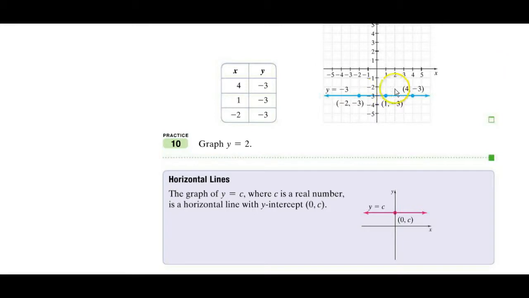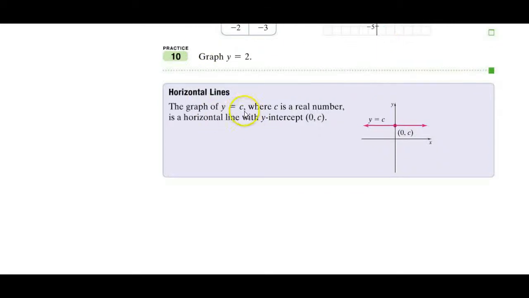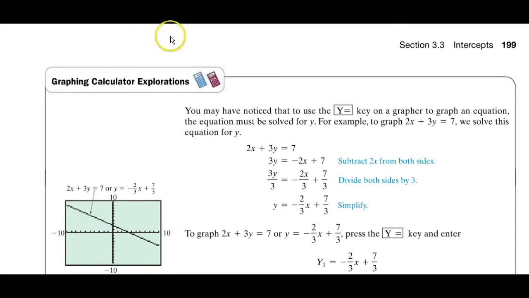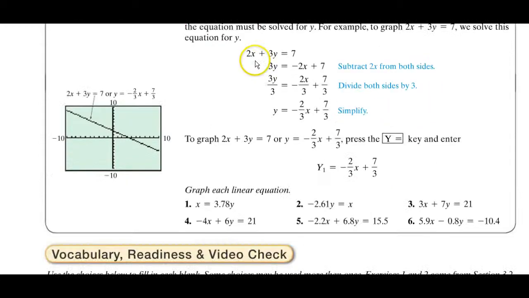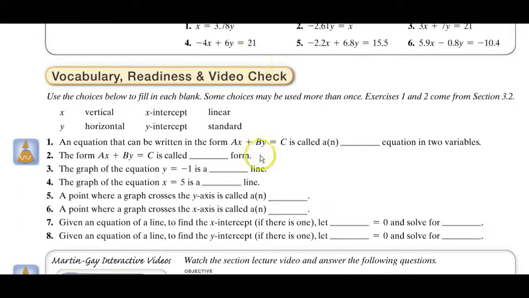It's going to be up over there, a line right there. Okay, and again they're saying c where you should use the letter b. The c here is just standing for a constant. Okay, they are showing you graphing, and that will wrap up this section. All right, a little shorter.